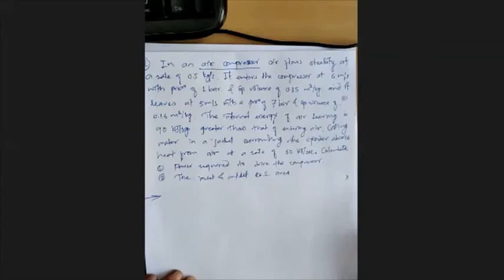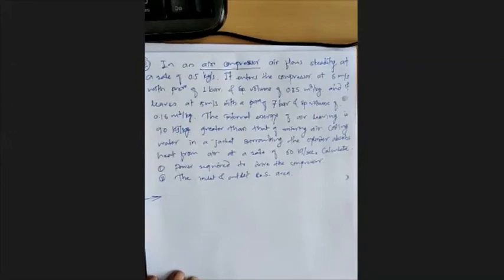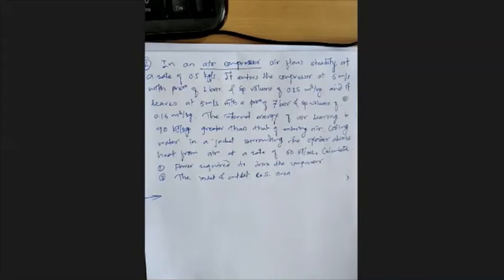But there are two air compressors. One is centrifugal air compressor where kinetic energy is considered, and another is reciprocating compressor where kinetic energy is neglected. Out of these, which has to be used? That should be the first query.